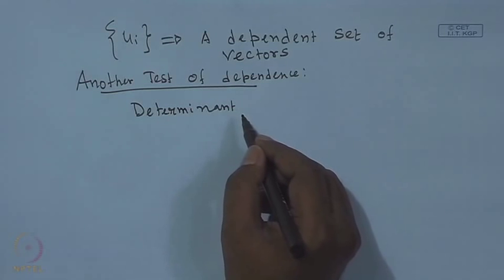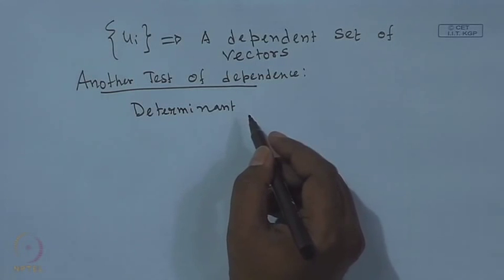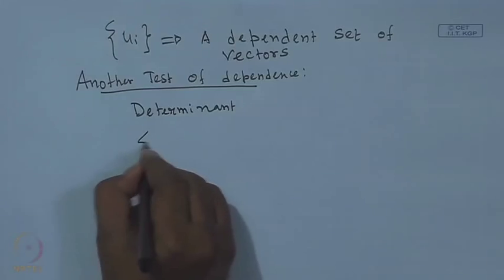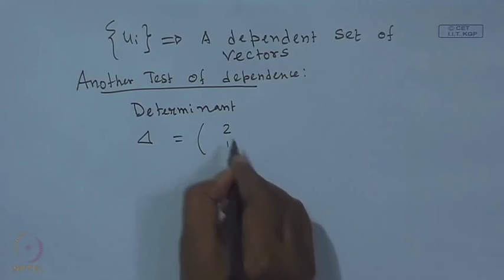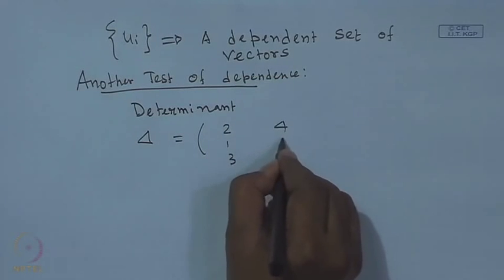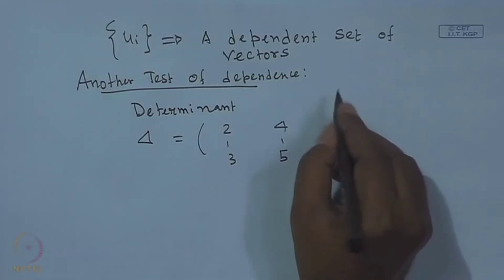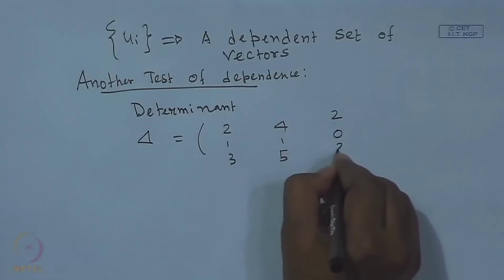Basically, the coefficients of these three equations will be the elements of this determinant. So, this determinant will be 2, 1, 3, 4, 1, 5, 2, 0, 2.